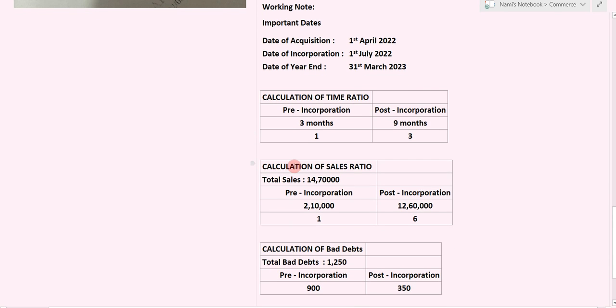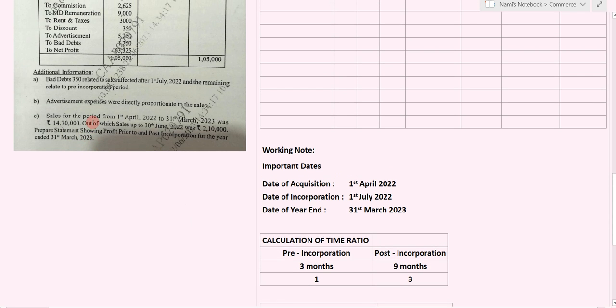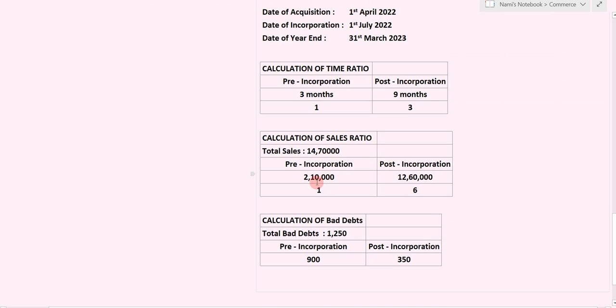Now for the calculation of the sales ratio, in the example they have said that the sales for the entire year from 1st April 2022 to 31st March 2023 are rupees 14 lakh 70,000, out of which the sales up to 30 June 2022 is rupees 2 lakh 10,000. That means the period 1st April to 30 June is pre-incorporation.